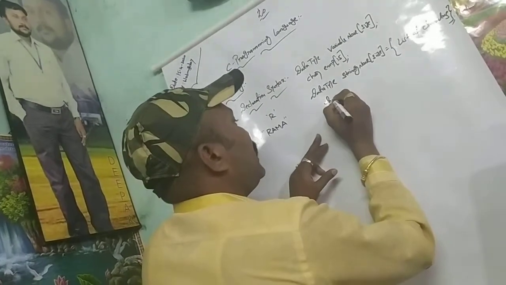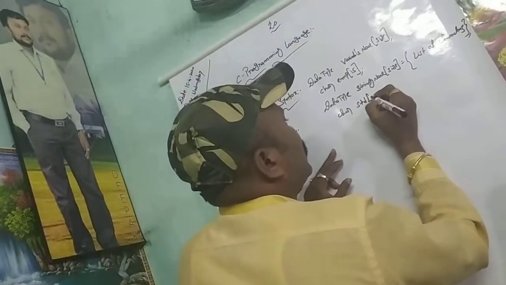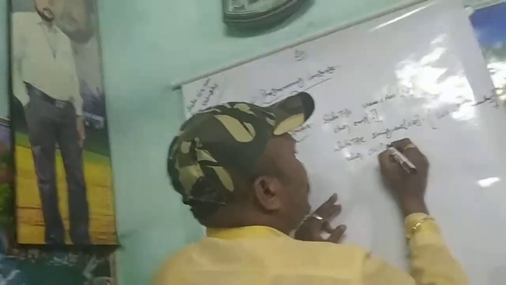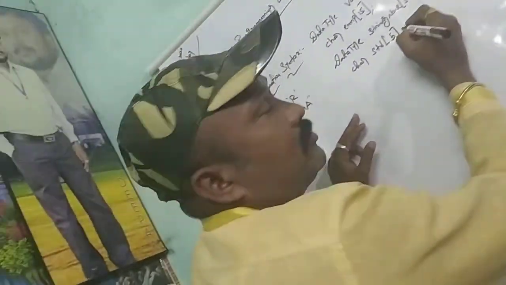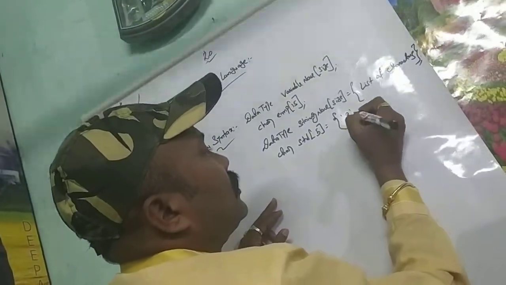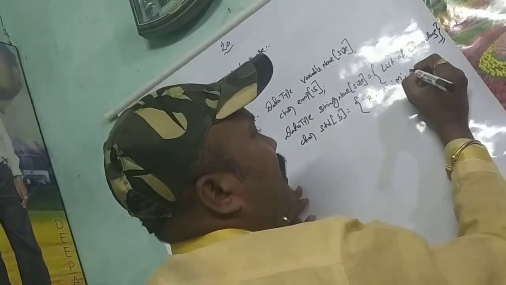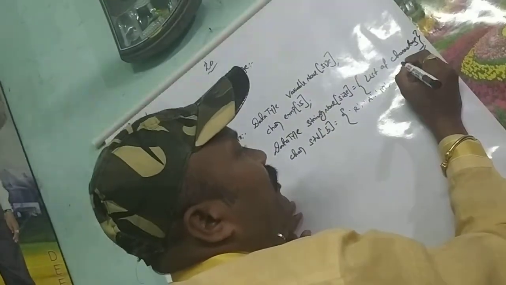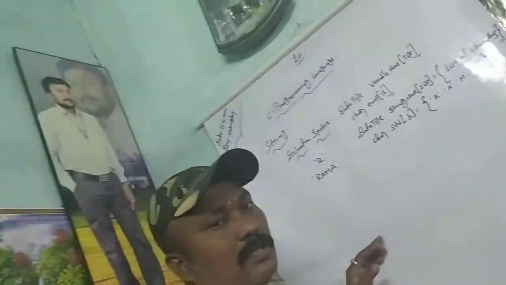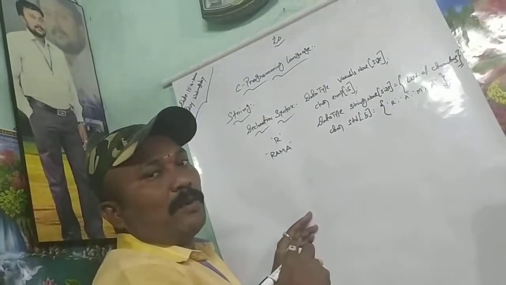Here, for example, the data type is char, the string name is student, the size is 5, and then equal to the list of characters: R, A, M, A. My dear students, all of you listen carefully. A string means the last character is followed by the null character.